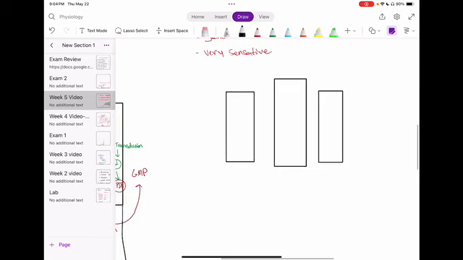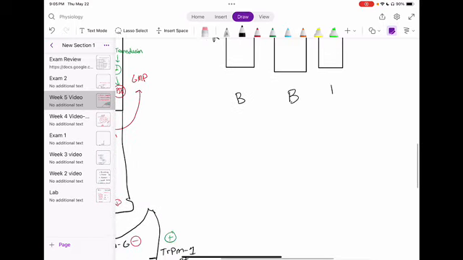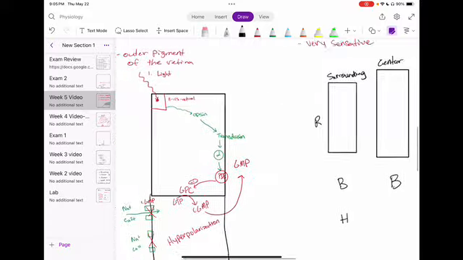And this is called the center, and these are surrounding. And they have different mechanisms. So we have our rod, and we have our bipolar cells. And this is called actually a horizontal cell.